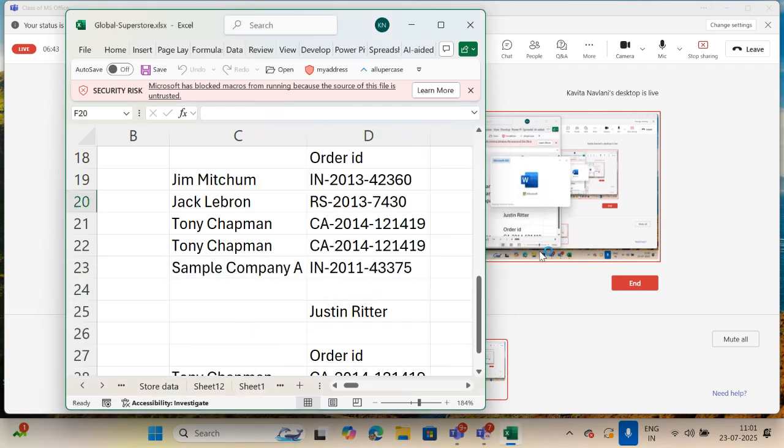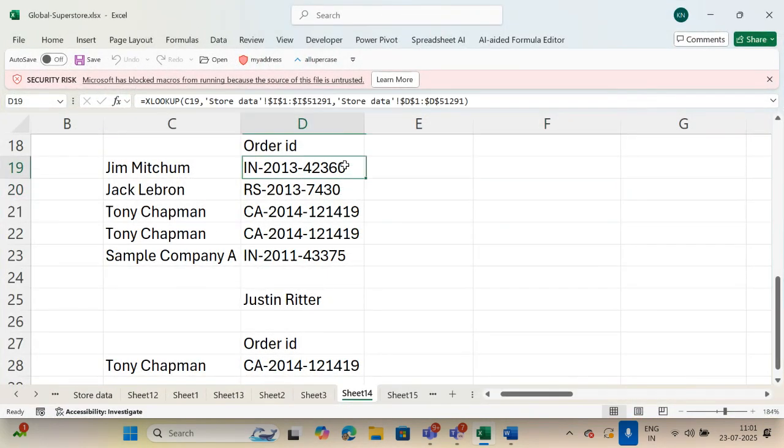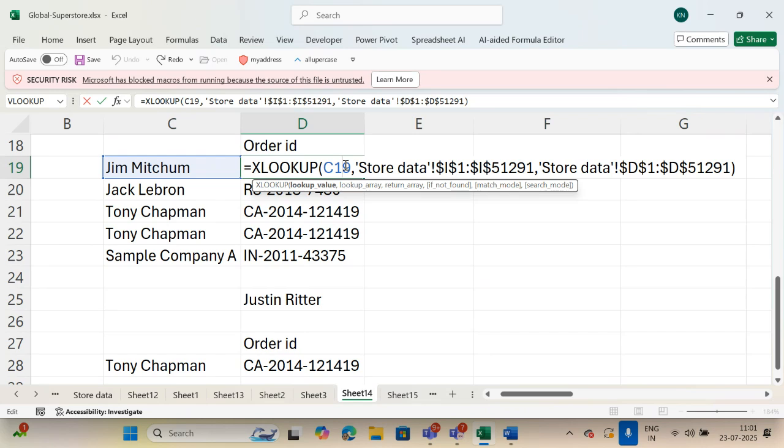Does anybody have any doubt regarding VLOOKUP, HLOOKUP, or INDEX or MATCH? We have completed XLOOKUP also, which is available in the latest 365.